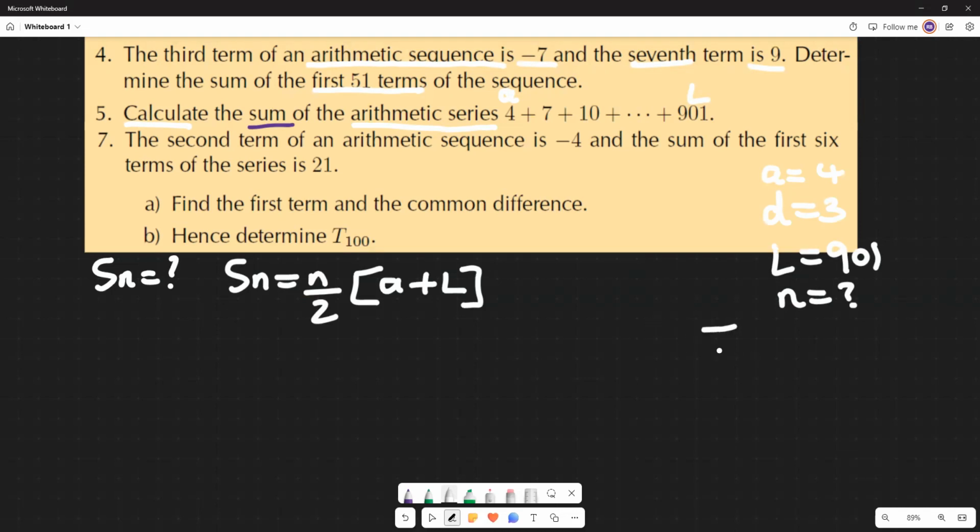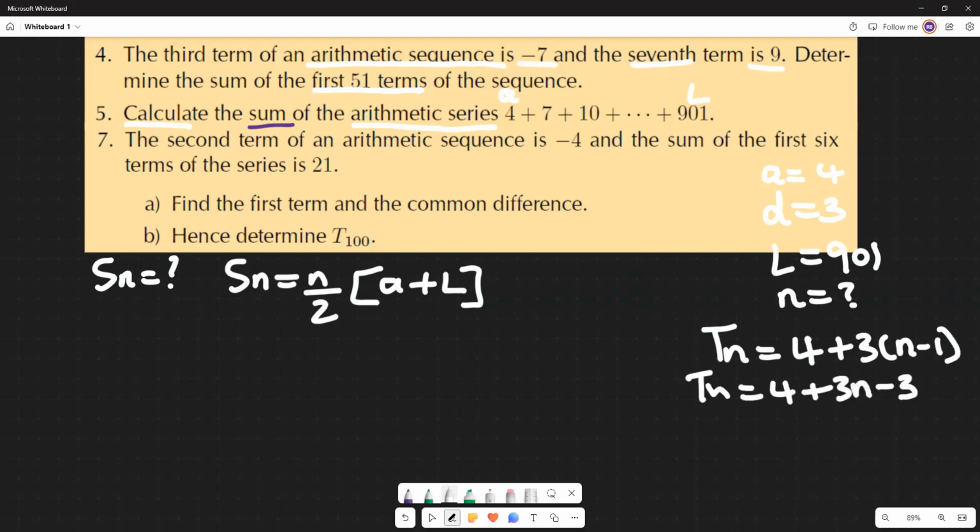Remember the Tn formula is Tn equals A plus D(n minus 1), which is 4 plus 3(n minus 1). Then Tn equals 4 plus 3n minus 3. You are expanding there. Tn equals 3n plus 1, since 4 minus 3 is 1.